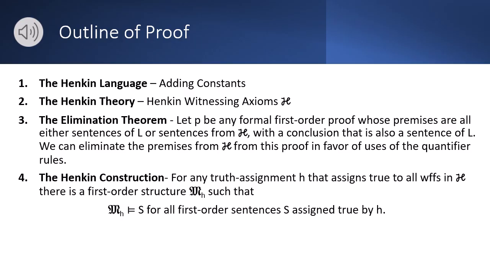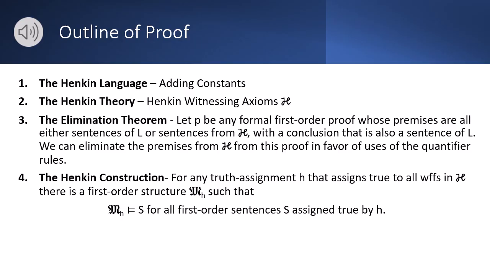But the idea with the elimination theorem is that if you have a formal first order proof whose premises are either sentences of the language or sentences from these Henkin witnessing axioms, with the conclusion that is also a sentence of your language, L, and in this case, L is the language that we're working with, then you can eliminate all of these premises from the witnessing axioms from the proof in favor of a proof that uses the quantifier rules.